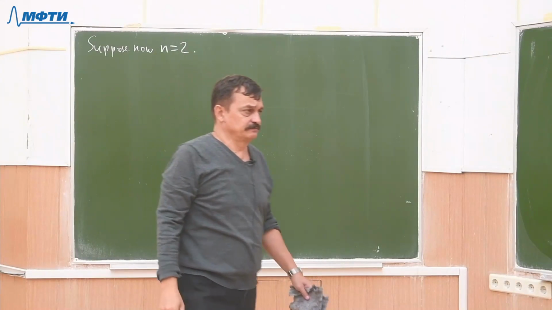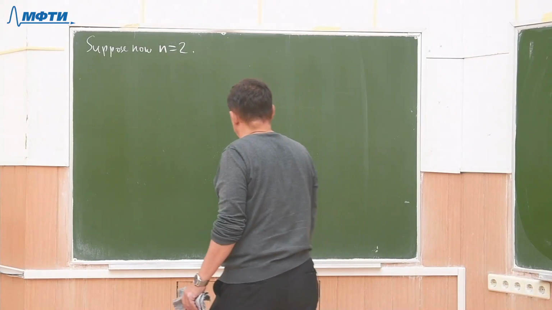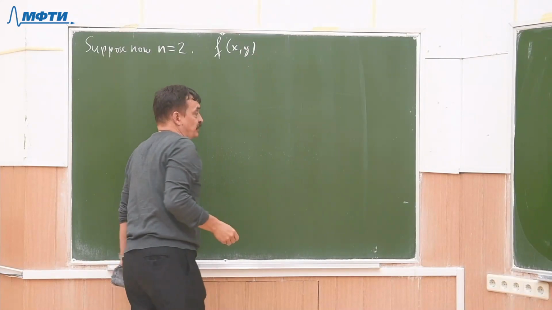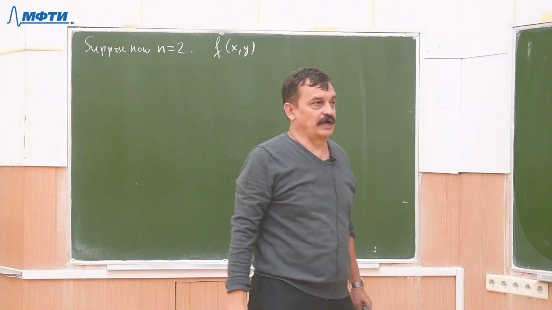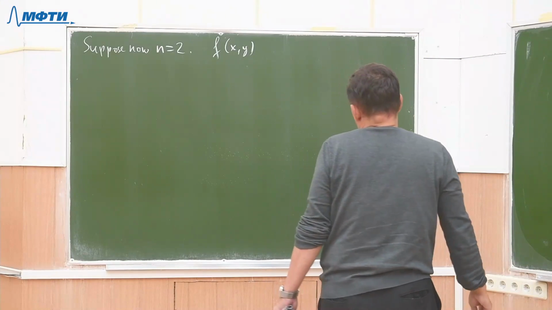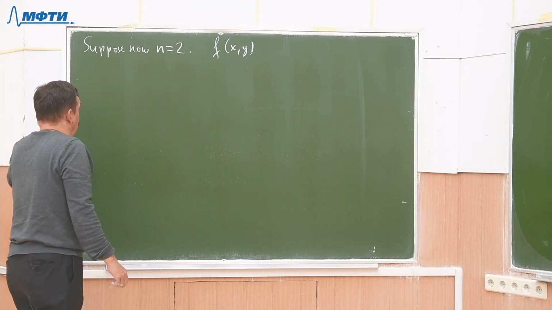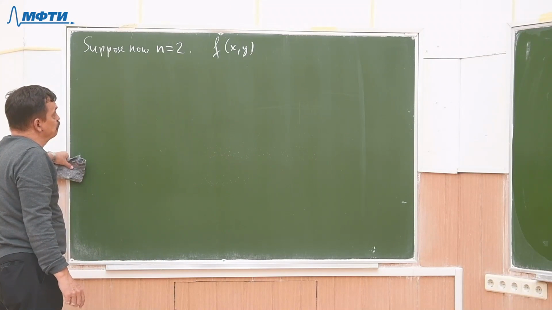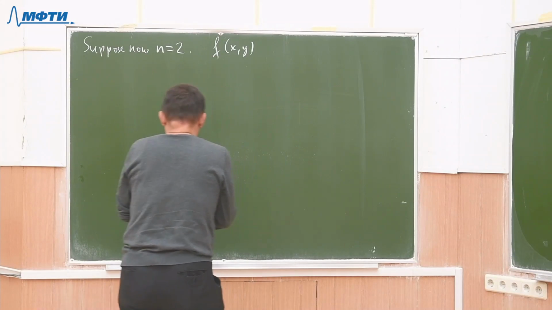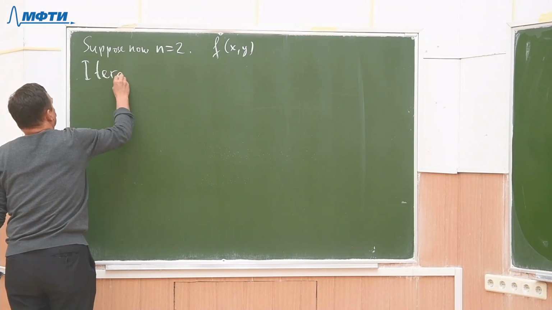So it means we are talking about functions of two variables, instead of x1, x2, x and y. Then we can consider also so-called iterated limits. So what are iterated limits?